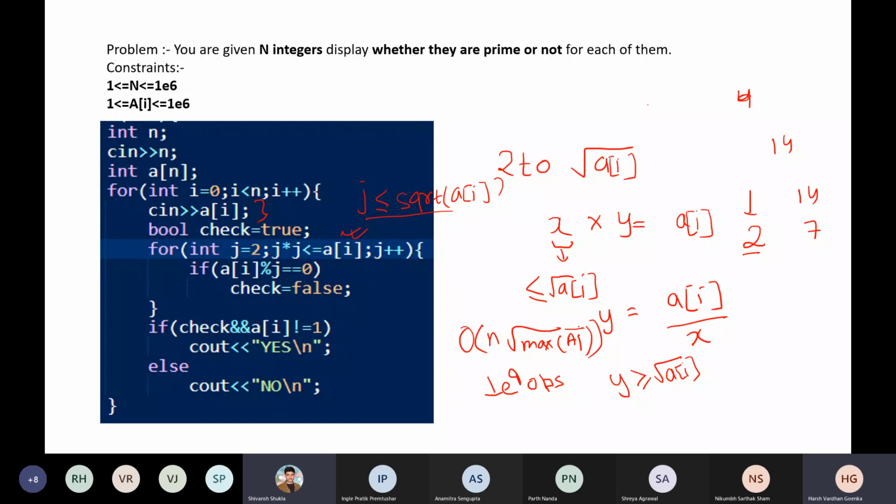As we know that only 2 is an even prime, after checking with 2, we can check only with odd numbers. Meaning j equal to 3 and j equal to j plus 2. But it would still give a TLE. Suppose 1e6 minus 1 is the odd number, and all n values are 1e6 minus 1.